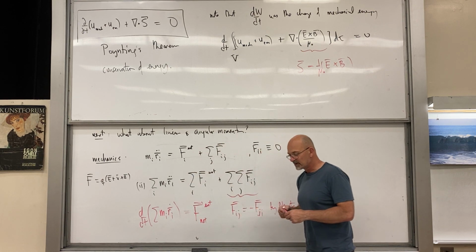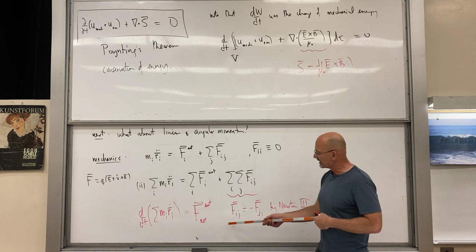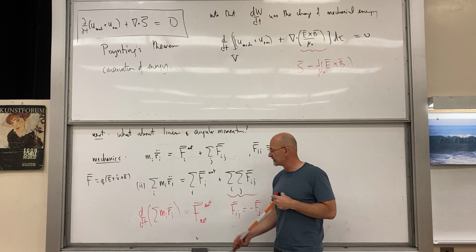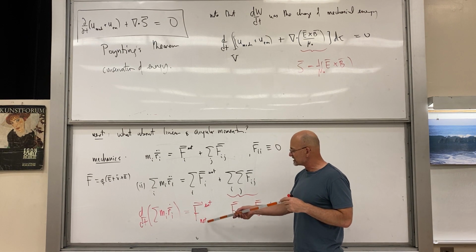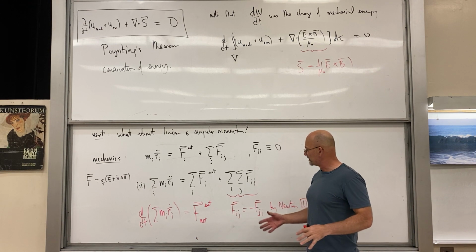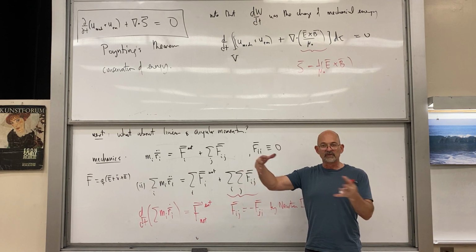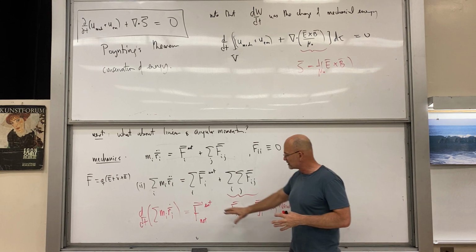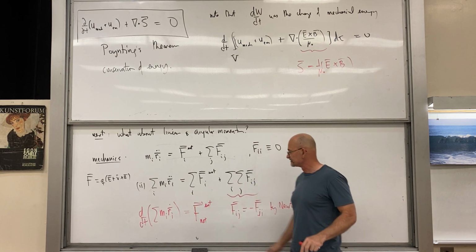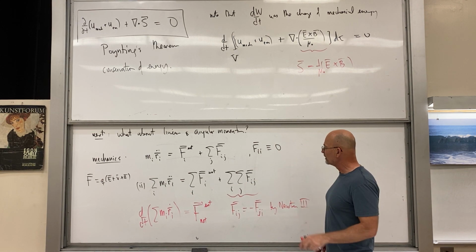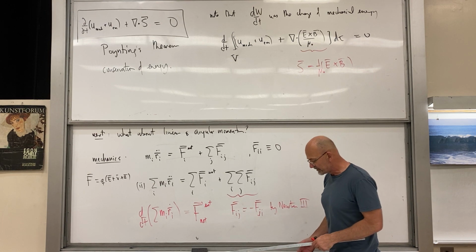And then you would say, well, if the net external force vanishes, then we have conservation of linear momentum. And the net external force vanishes if you just have the forces of the particles acting on each other. This external force was always some external field. So that's how you got conservation of linear momentum.